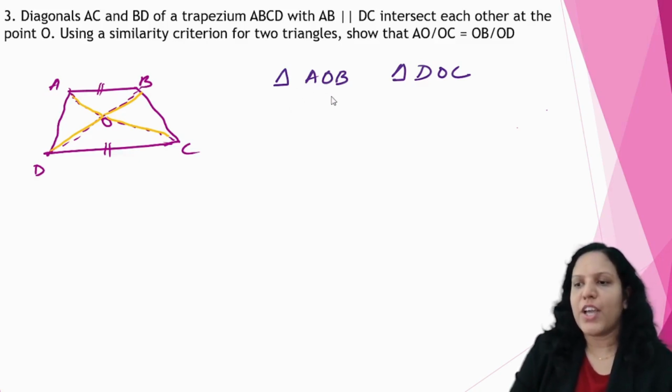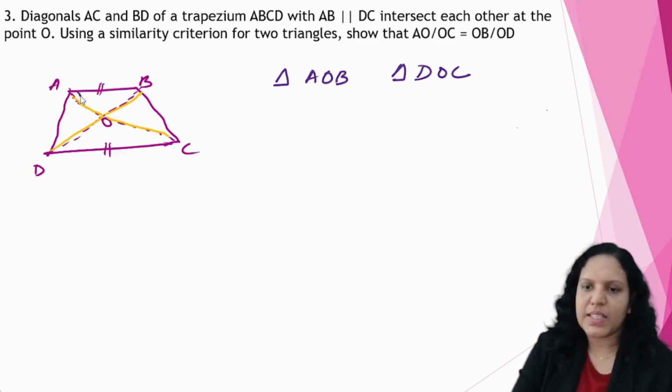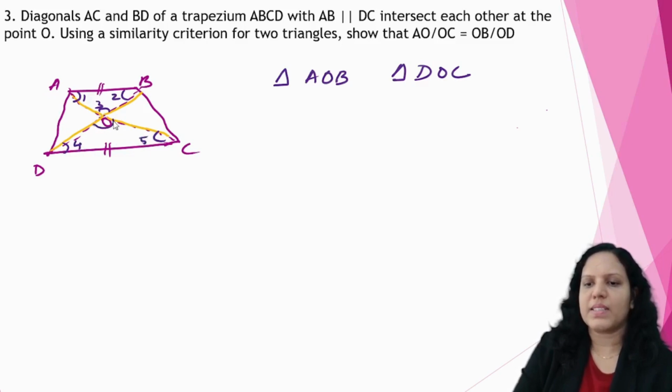In triangle AOB and triangle DOC, let's mark the angles. Angle 1, angle 2, angle 3, right? And this angle will be angle 4. This one is angle 5 and angle 6.